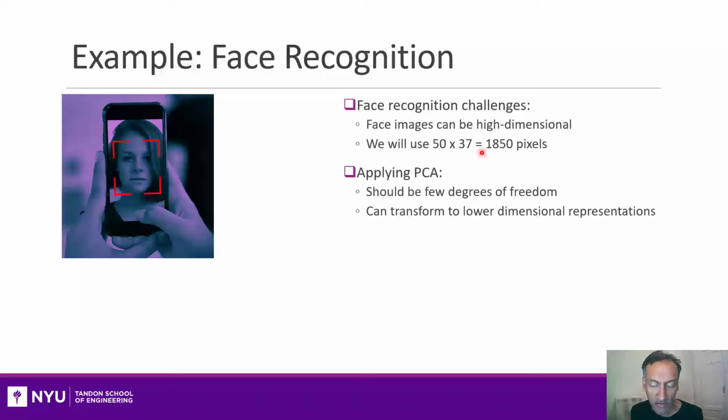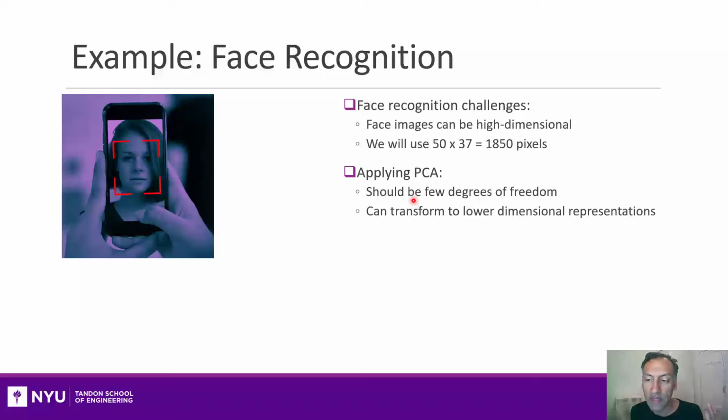Now, PCA is kind of a natural idea to use when looking at a data set like this, because you would think that the facial images have a relatively small number of degrees of freedom. I'm going to illustrate that actually graphically later on.